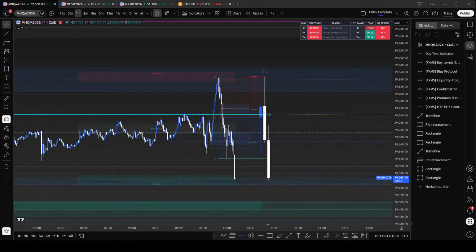Big candle drop, right? So it's pretty good indication of the direction now. One-sided. Right, maybe we'll get a retracement back up to this imbalance here and order block. Maybe we'll get a retest entry if we can.